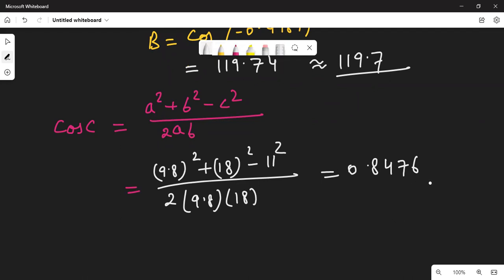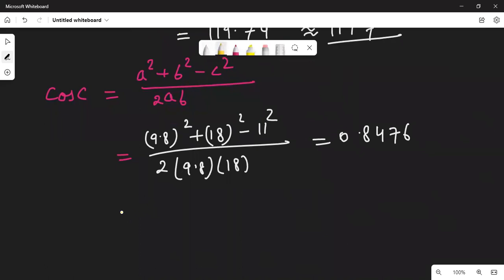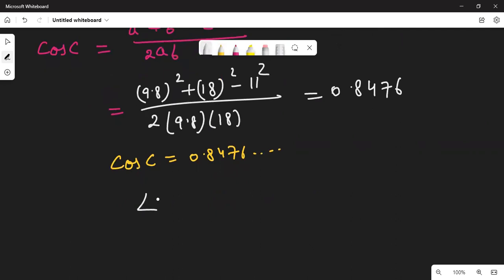Or you can directly ask the calculator to find inverse of this. I mean, your cos C is equal to some value, which is 0.8476, and it keeps coming, and inverse of this answer would be angle C. That means your angle C would be cos inverse of this value, 0.8476, whatever that value is, and you will get the answer.